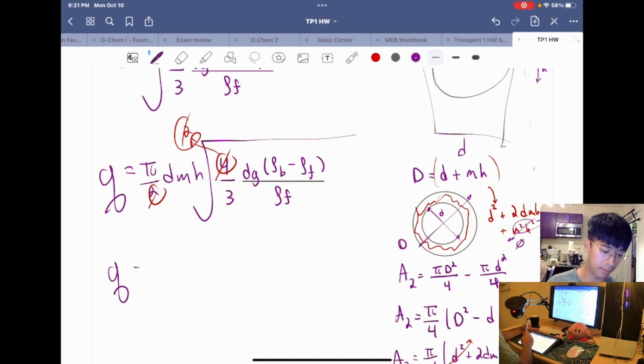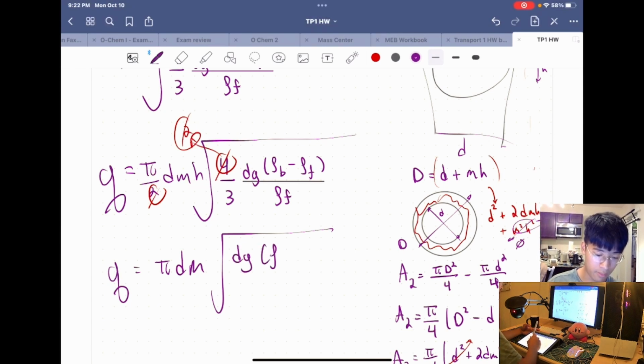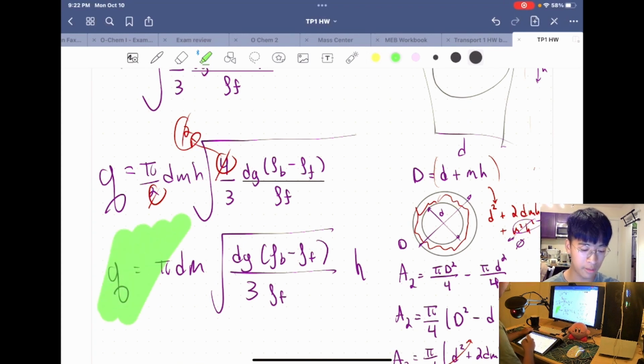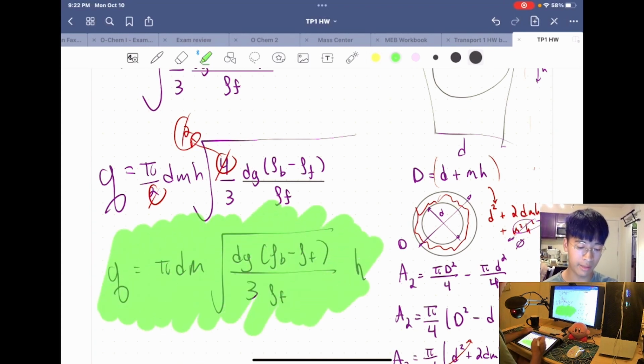Q is equal to pi dm radical dg rho b minus rho f over rho f. I'll put the 3 down there, and let's put the h all the way to the right. Because I do that deliberately, this is now our expression for volumetric flow rate. I do that deliberately because pi is a constant, diameter of the sphere is a constant.